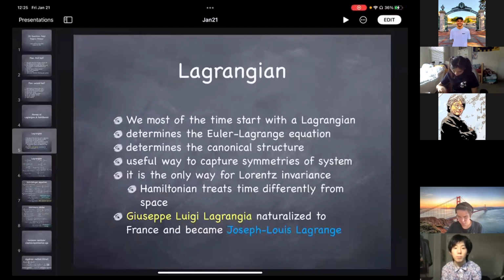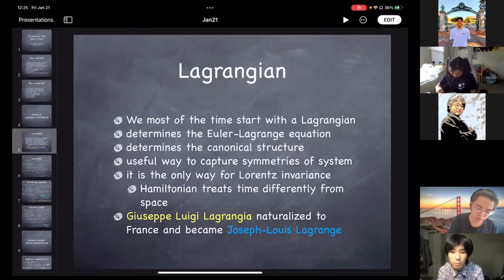You might wonder why the word Lagrangian has the IAN at the end, not EAN, according to Lagrange. That's because Lagrange was Italian by birth, and Giuseppe Luigi Lagrange became Joseph Louis Lagrange when he moved to France and got naturalized. Lagrange is the name we always refer to, but when we talk about the Lagrangian, we respect his Italian origin and use GIA instead of GE towards the end of his name, hence Lagrangian with an I in it.